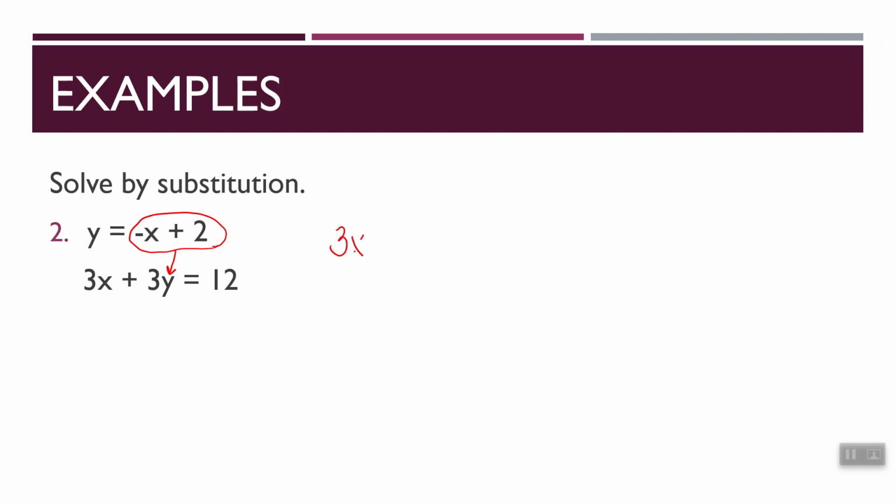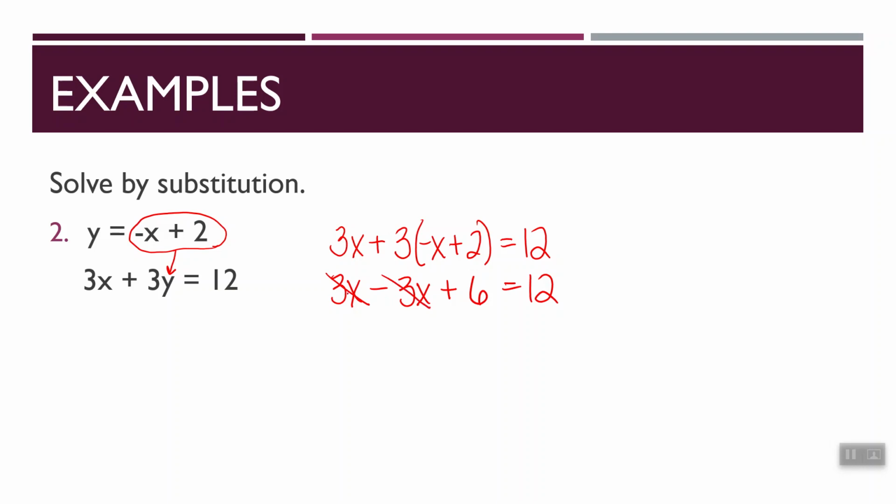So writing the second equation with the substitution, we have 3x plus 3 times the quantity of negative x plus 2, and that equals 12. Now we have an equation with one variable, and when we solve this equation, you can see that the variable is going to eliminate. 3x minus 3x is 0, so we're left with the statement 6 equals 12.